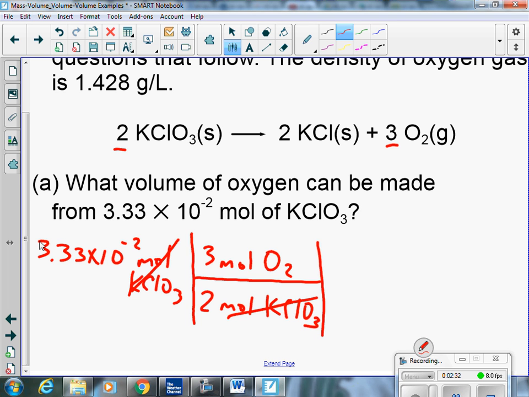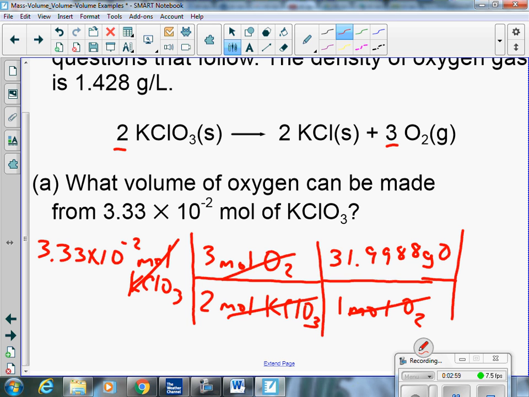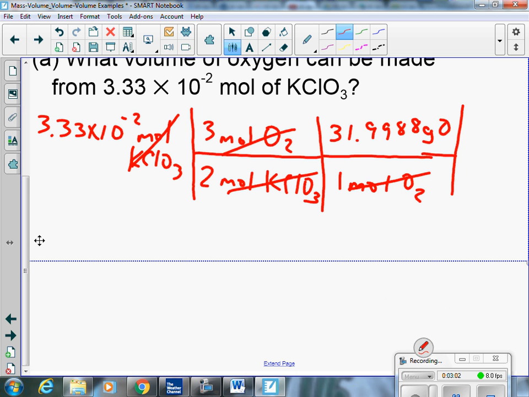Now I need to go to mass of oxygen. Well, I know that 1 mole of oxygen has a molar mass of 31.9988 grams of oxygen. My moles cancel. So what am I going to convert this into now? Should be grams of oxygen.